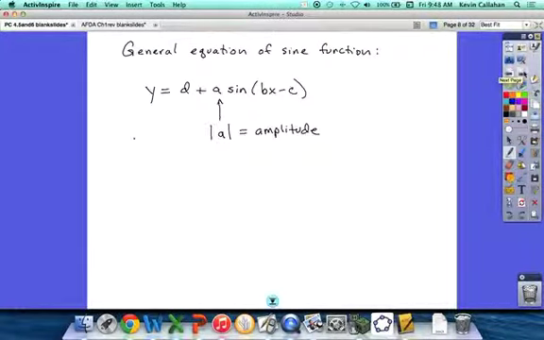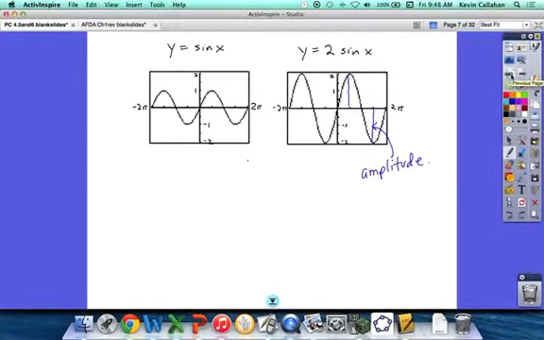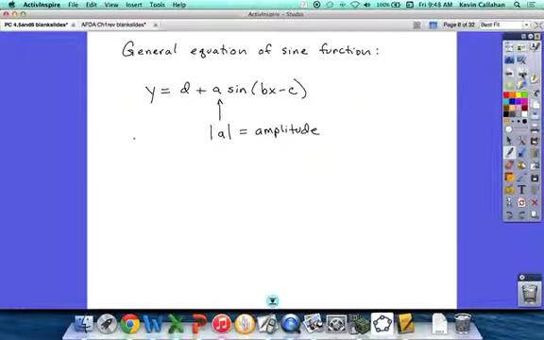Now, this A right there, and we say absolute value because even if it was a -2, we would still say the amplitude is 2. Whether it's going above or below, it's like an absolute value. It's the positive distance from the middle. So that explains the A part of this.